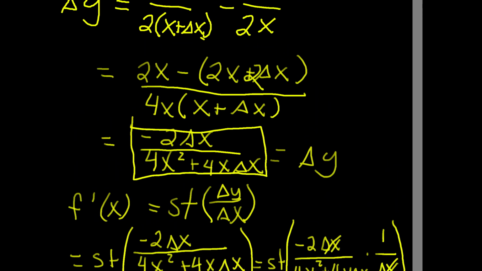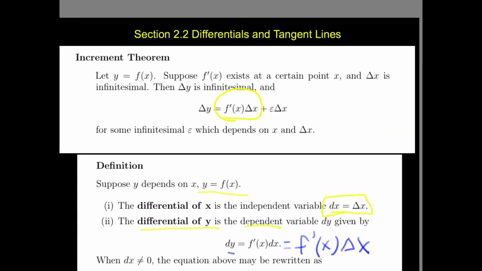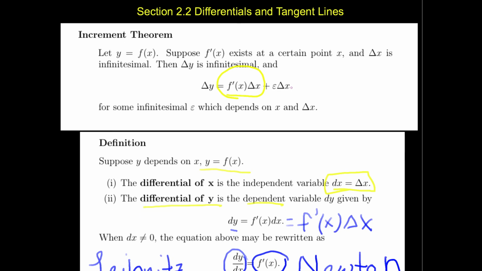And I'll write it out here at the very bottom, but we see that the change in y we just calculated is going to be equal to f prime delta x plus epsilon times delta x. Actually, I said I was going to write it out, but that's kind of a mess. I recommend for you in your notes, though, when you're following this, to go ahead and write that out.